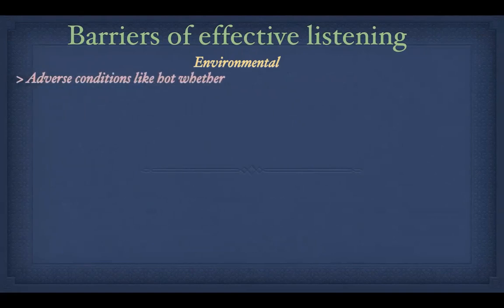Environmental. The first one is adverse conditions like hot weather. We face barriers through the environment. When the weather is so hot, we feel uneasy to hear, and we may not be comfortable to hear what the speaker is saying.